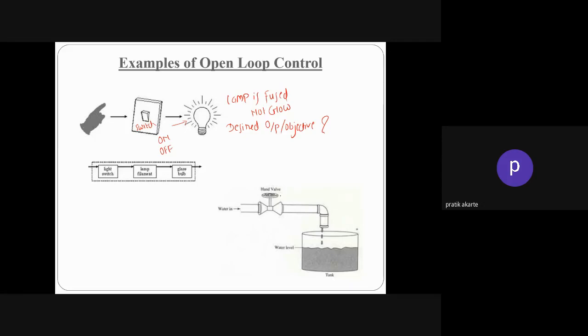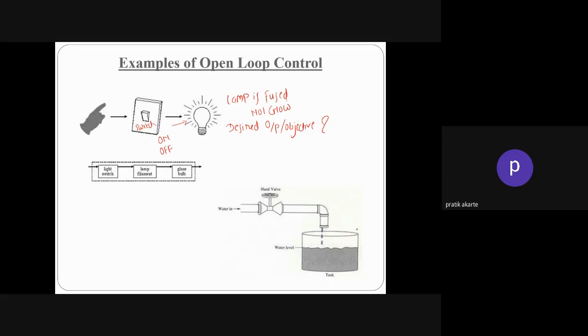Fine. Second control system. This is a tank in which some water level is maintained, and we have a hand valve. If someone releases that hand valve, the water continues to enter the tank.